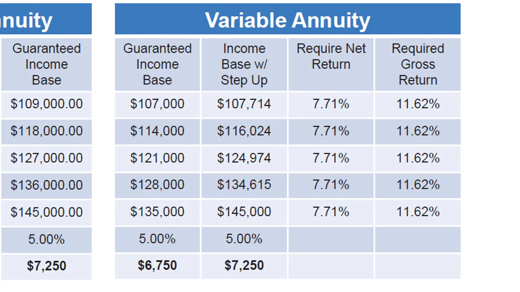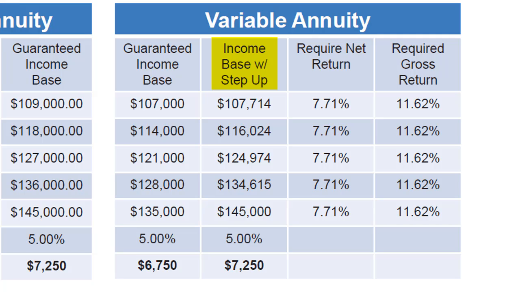However, because we are using the variable annuity, we're looking for those step-ups to our income base, right? So we're looking for the sub-accounts within our variable annuity to outperform the income rider itself. In which case, the question comes up: how much do the sub-accounts within our variable annuity need to perform at each year to match what the guarantee of the indexed annuity would be on a guaranteed basis?